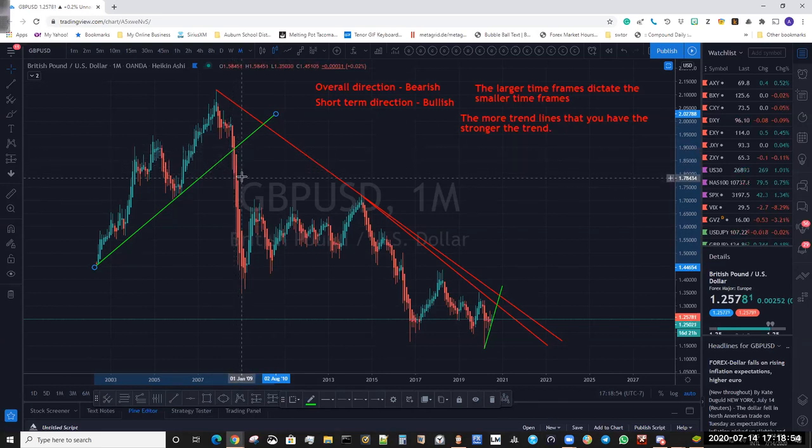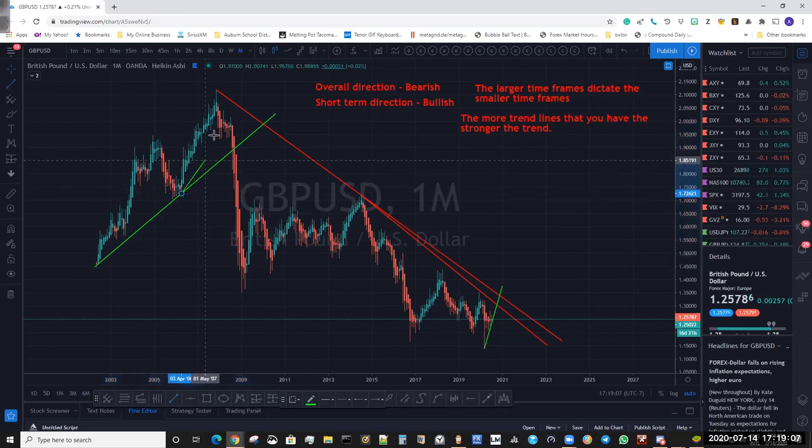Again, I haven't even applied Fibs here. We're just going over some things that as beginners we need to know. Okay, your trend line, wick to wick. Could you have gotten even more granular with this upward trend line? Yes, you could have. This is an art form, not a science.